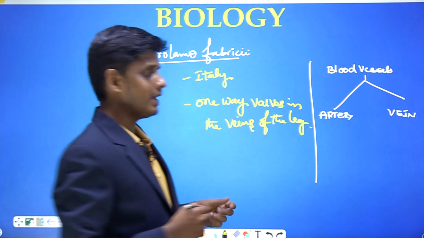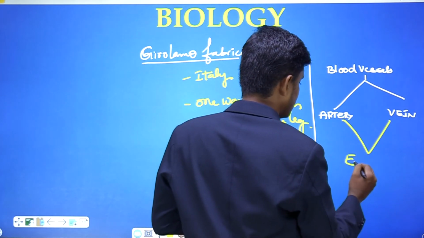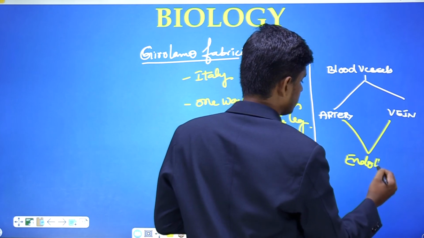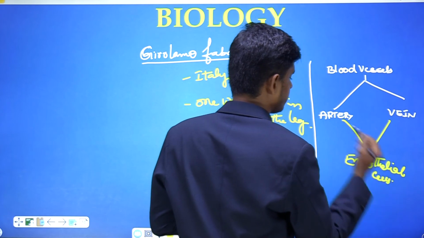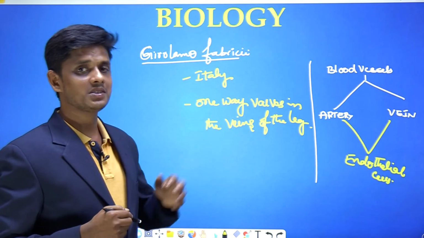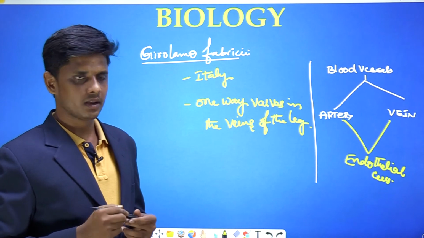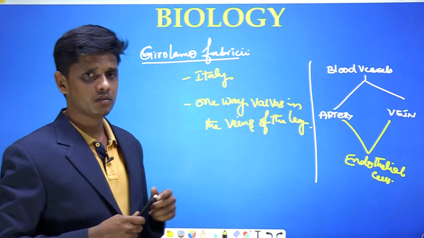Both the artery and vein are made up of single cells, that is nothing but endothelial cells. Understand? Endothelial cells. Even the WBC can squeeze through these blood vessels. Understand? And also arteries and veins are made up of endothelial cells.